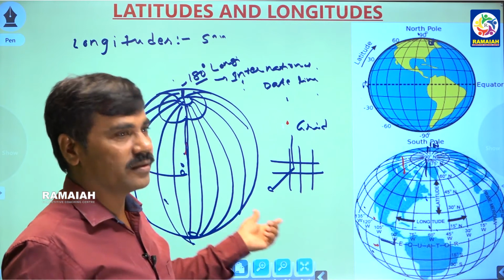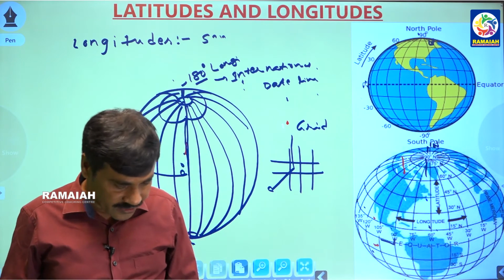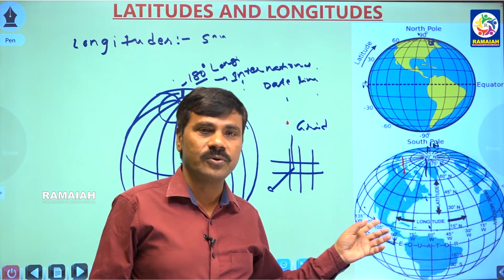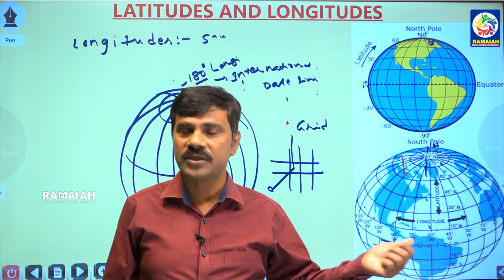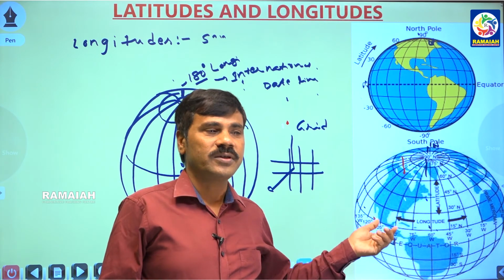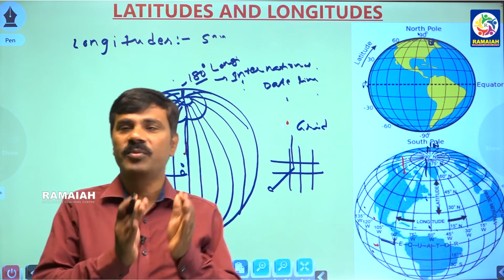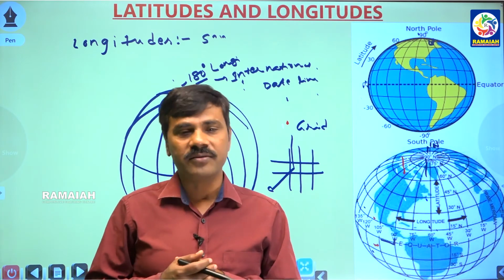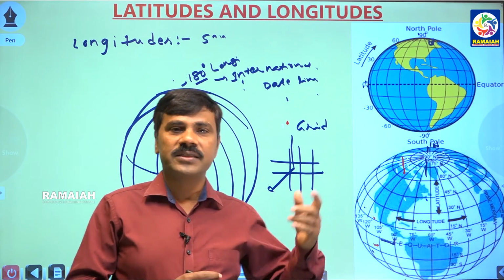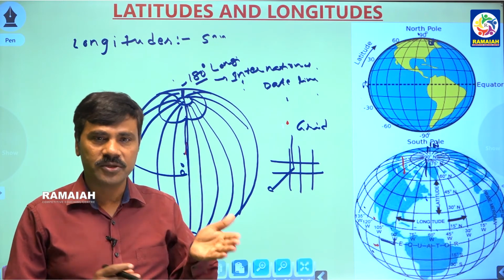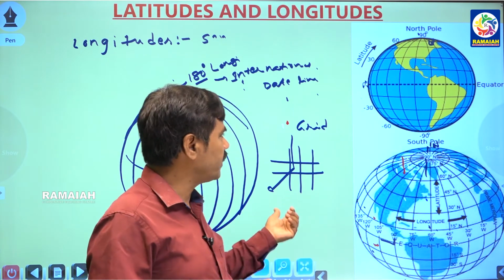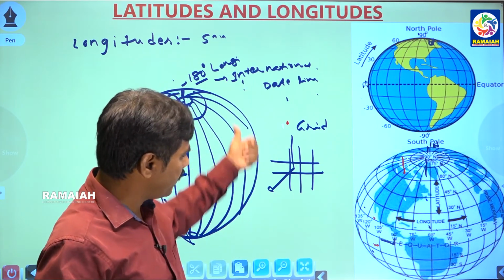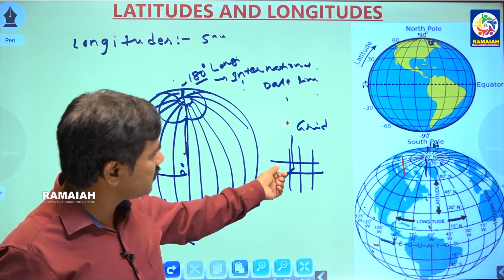This is in TET and DSC and Gurukula teacher exams also. Some of the latitude and longitude part is in 6th class, and some part is in 8th class. Most of the latitude and longitude content is taken in these two classes, so a major part is covered in this concept.